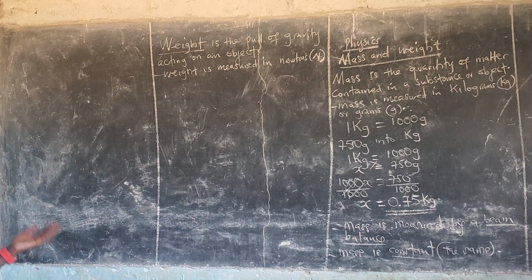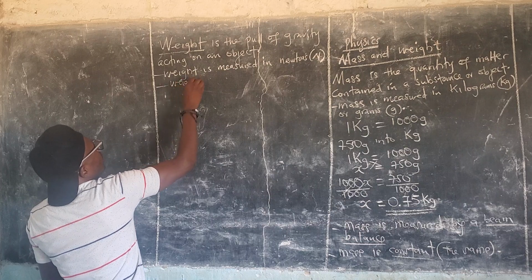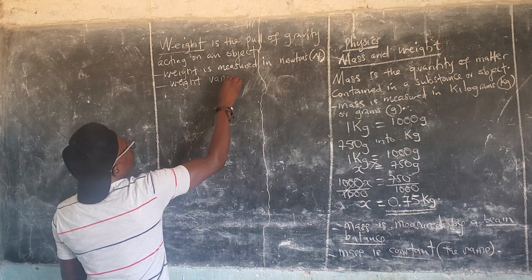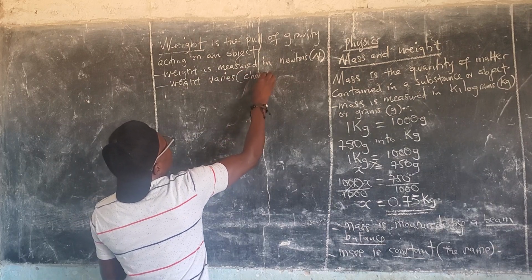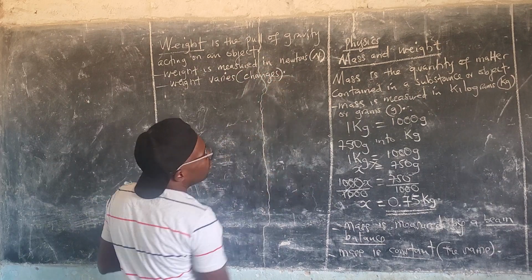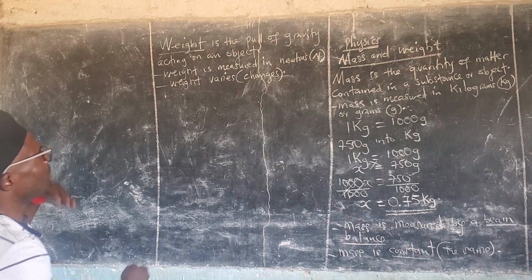Is weight the same or does it change? Weight varies. So weight varies or changes due to places. When you go to the moon you have less weight. On the moon there is less weight, but on earth there is more weight.